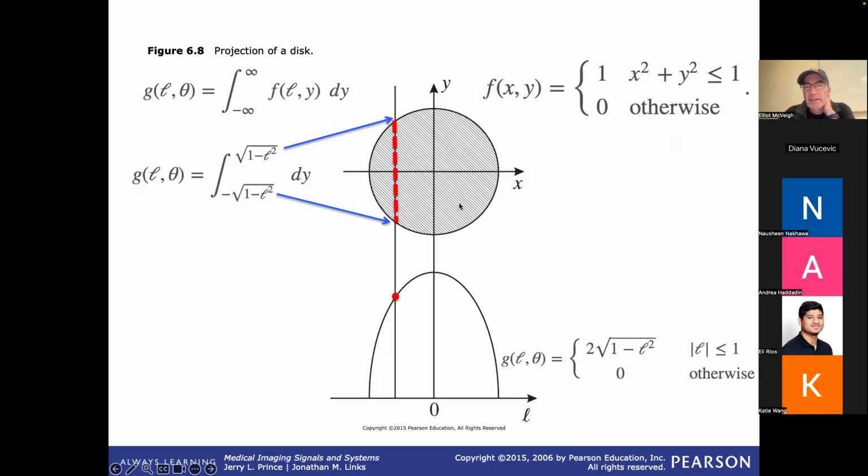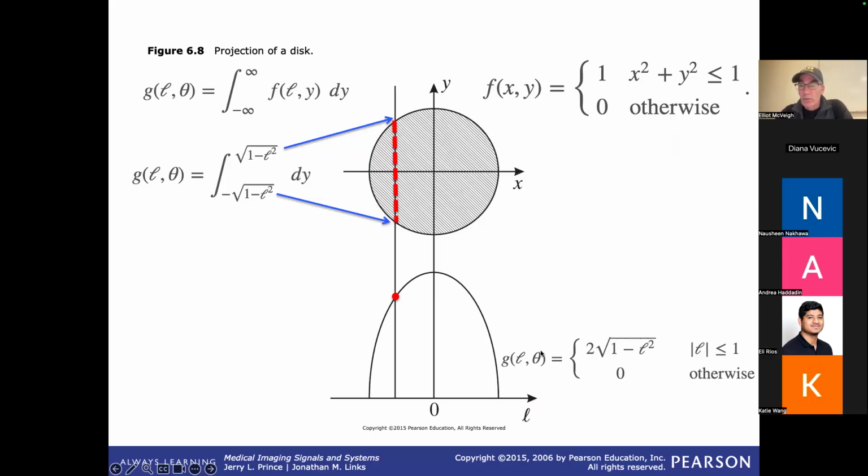Given that we assume the circle has uniform attenuation, say it's a disk of water or something like that, we know that the attenuation is just going to be proportional to the distance through that circle along that projection. And so when we take this angle, we can compute analytically what this curve, which is the projection, would look like.